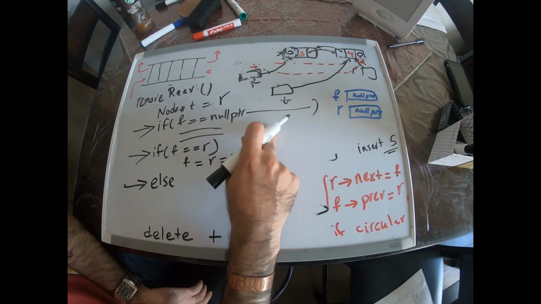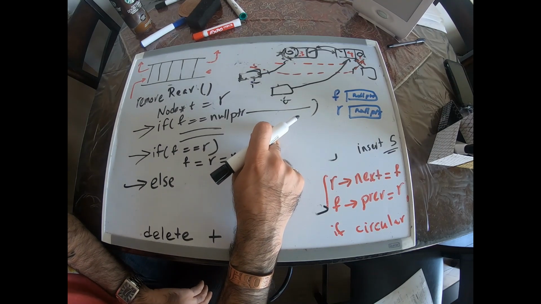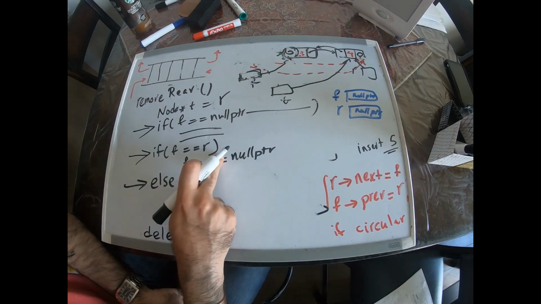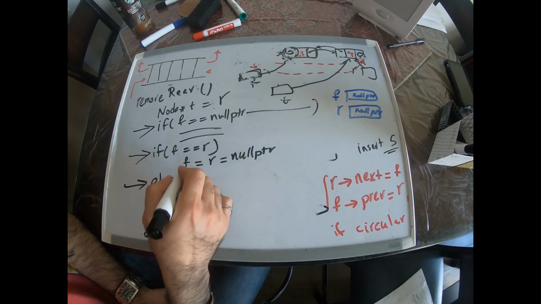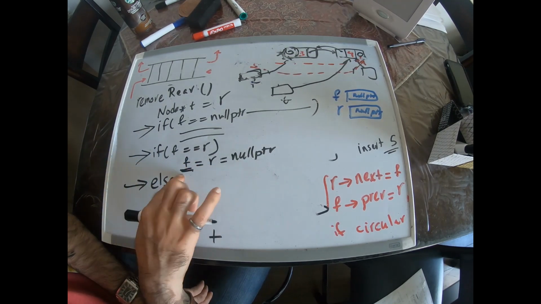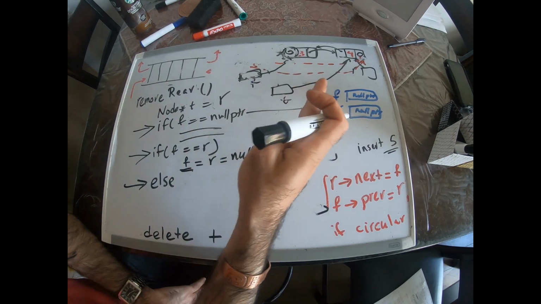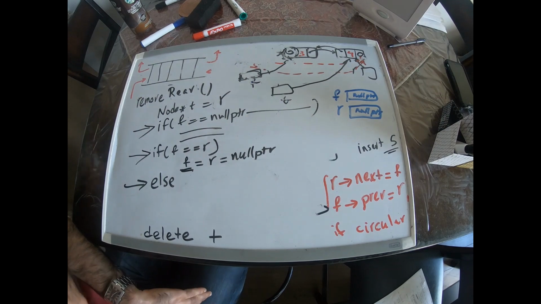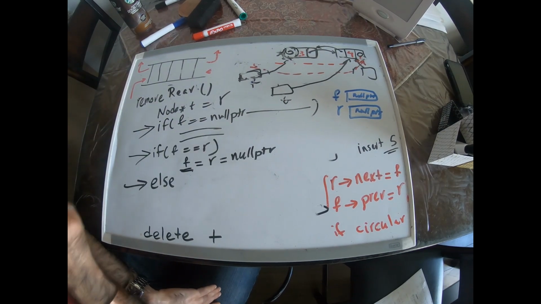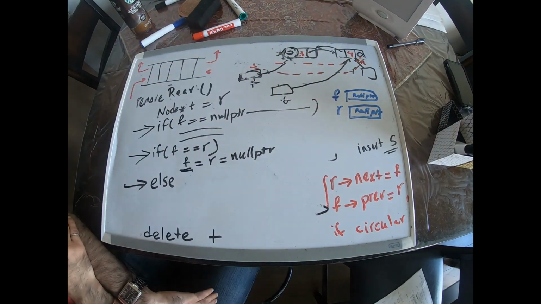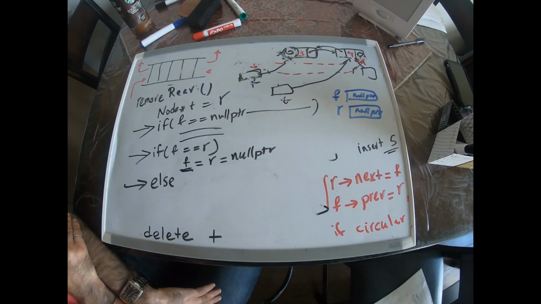Okay, we check if the deck is empty or not, we check if this is the last number we want to remove. If that's the case, we need to change the front as well as the rear. Otherwise, what do we need to do? We want to move rear one to the left, right? We want to remove this one, so this should become our rear, right? So what should I do?